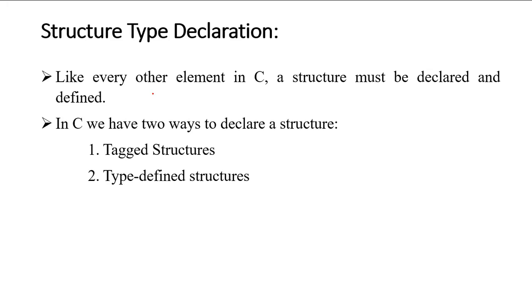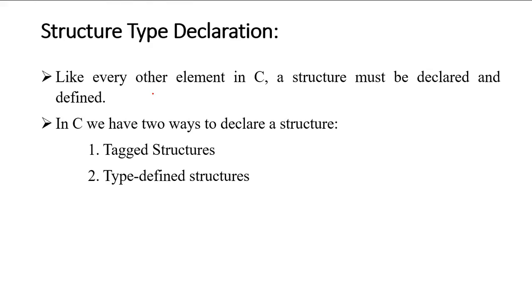We have to declare that entity, define that entity, and initialize this entity. So for declaring a structure, we have two different types, isn't it? The tagged structures and type defined structures. We can use any of these two ways to declare a structure.